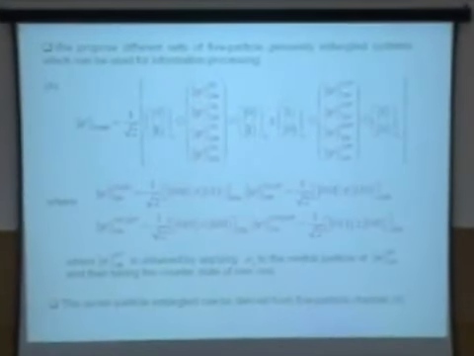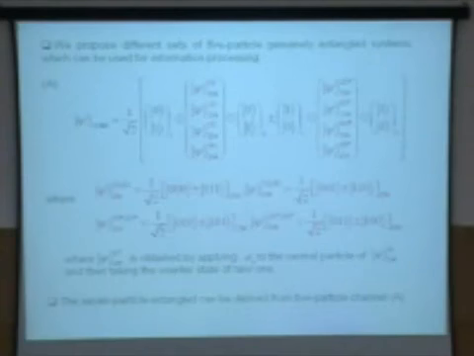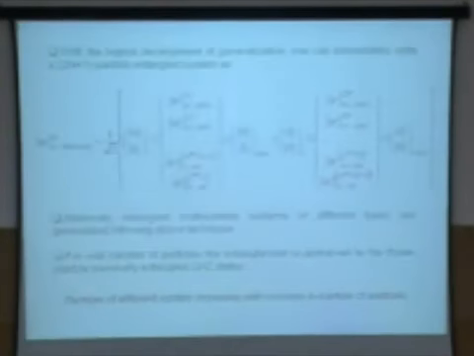This could be used to produce a 7 particle entangled channel and so on, in a way that we could define a 2n plus 1 particle maximally entangled quantum channel in this form. As the number of particles increases, the number of ways that you could form these sort of maximally entangled states also increases. So this simple method gives you a way by which you can define several maximally entangled channels to be used for information processing.